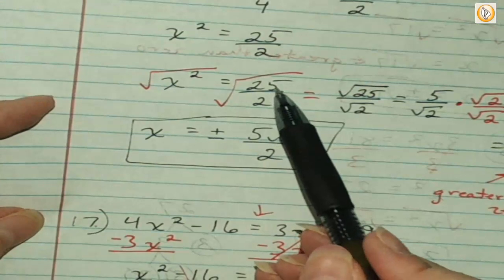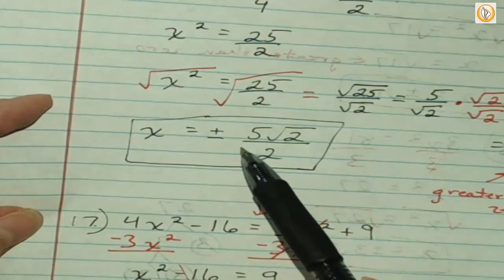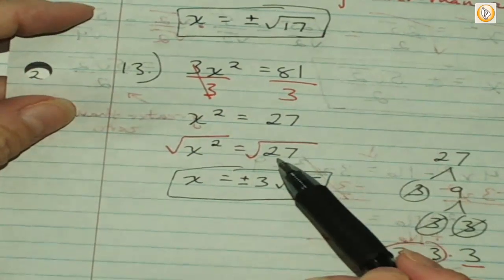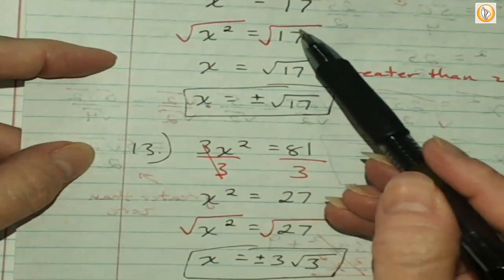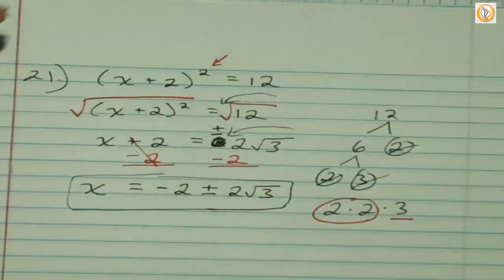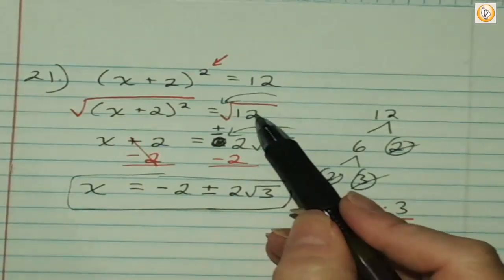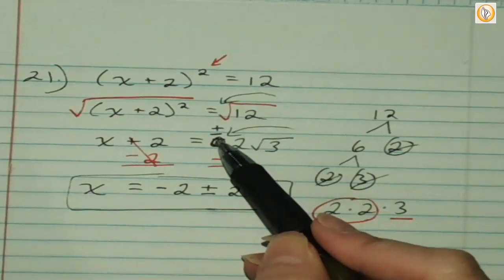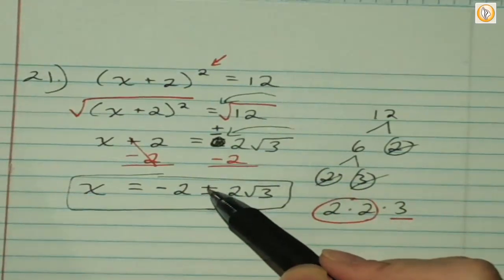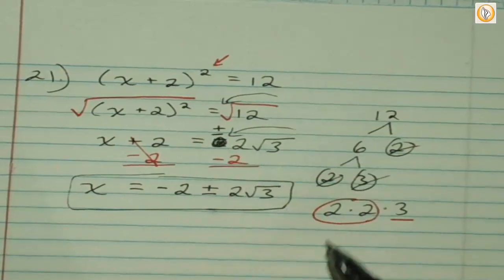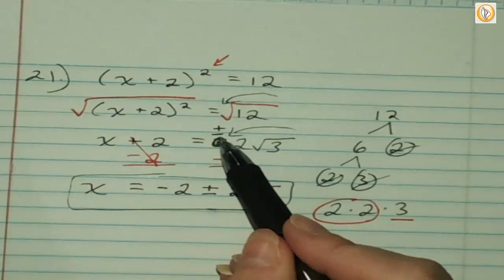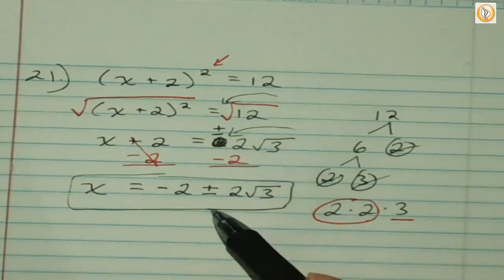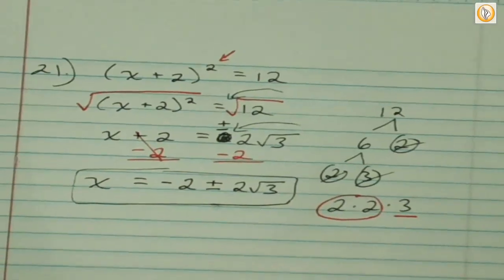I made a mistake of crossing that out. I should have left it. When we square rooted this, it became plus or minus this. And there's your answer.